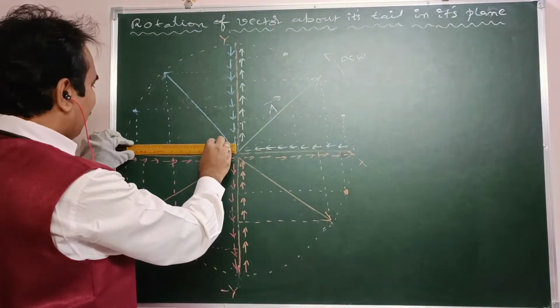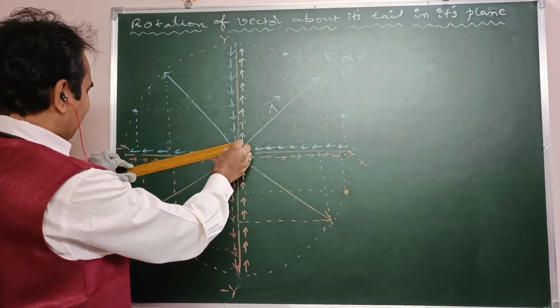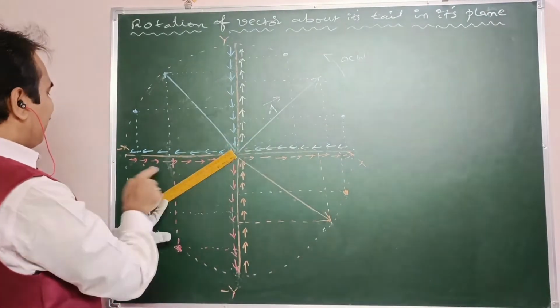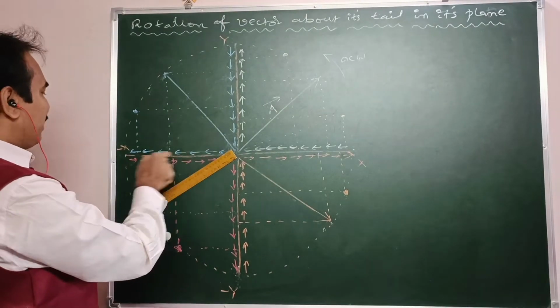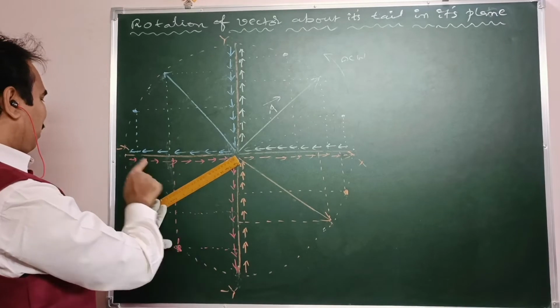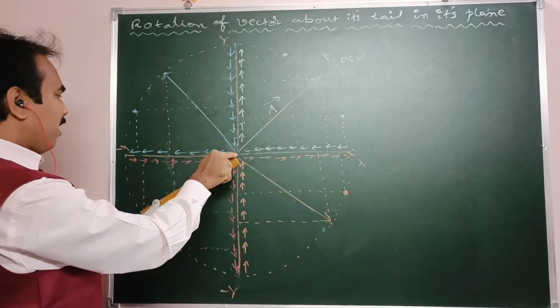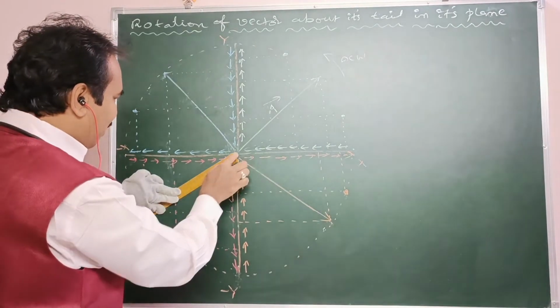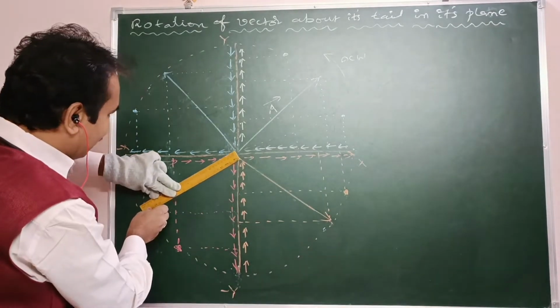When the same vector enters the third quadrant like that, this is the normal drawn from the tip of the vector onto x-axis. Now measurement from origin to this position gives x coordinate. Measurement from the origin to this position gives the y coordinate.